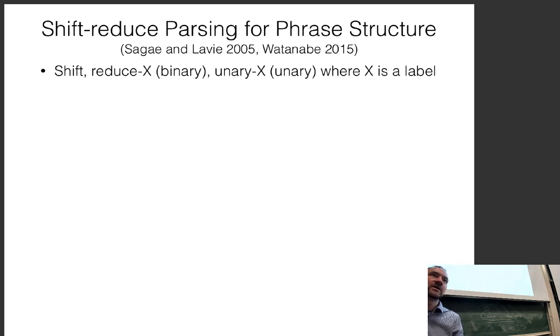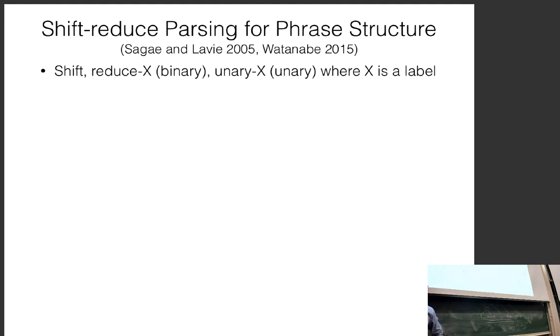Japanese and Hindi are both SOV languages, while English is an SVO language. So you need to take the verb from the back and put it after the subject. That's really simple to explain according to a tree structure, especially a phrase structure, but it's not simple to explain according to just a sequence of words. So phrase structure is particularly well suited for this, and it's been quite underexplored in neural models, I feel.